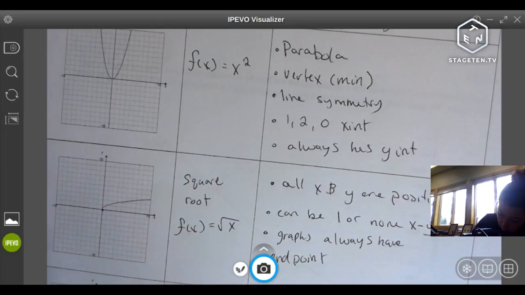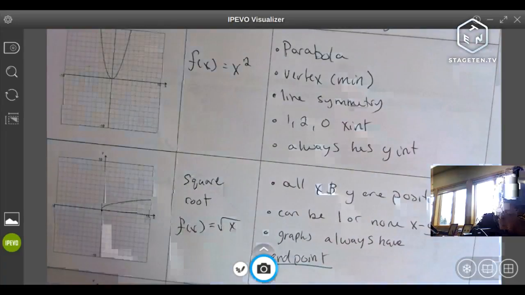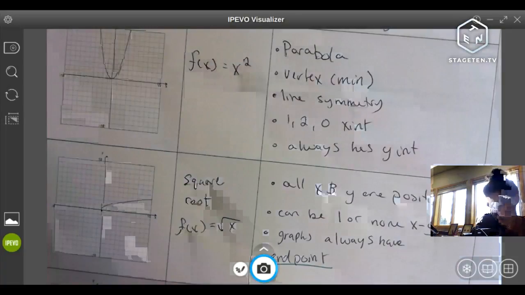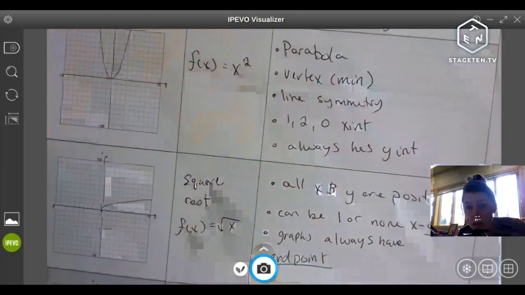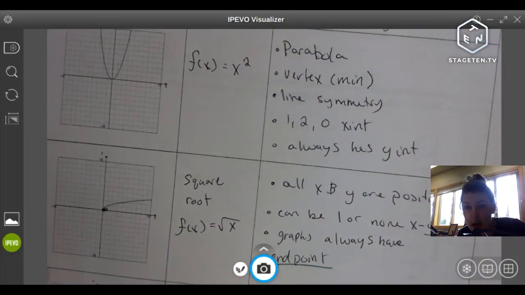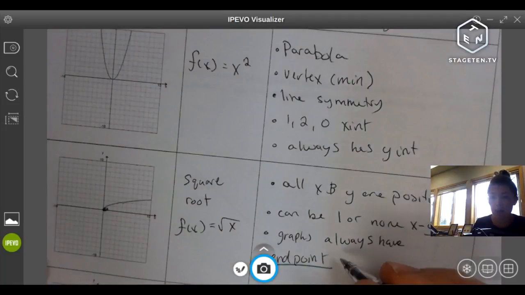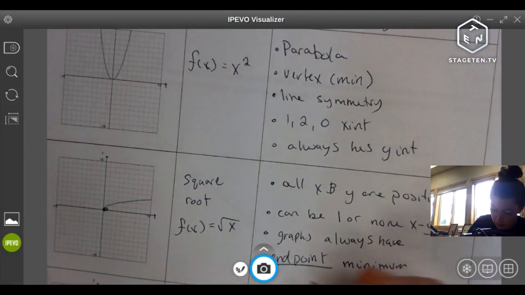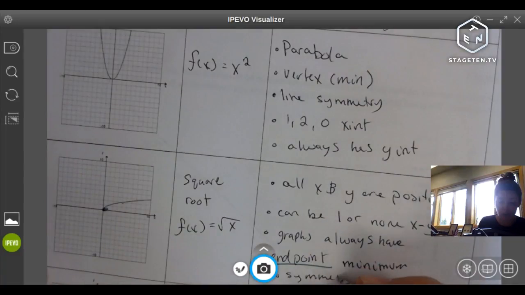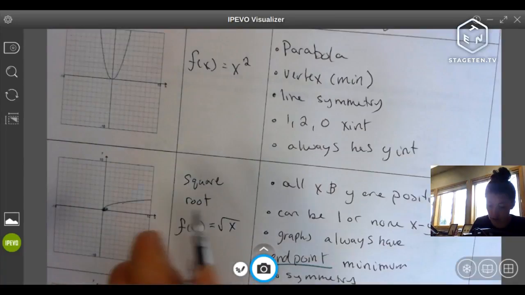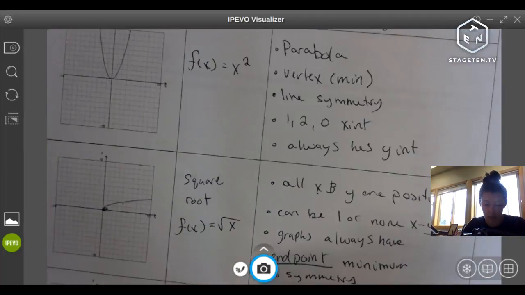In this case, it's a minimum. Make that green. Endpoint, endpoint. And in this case, it's a minimum, but could be a maximum. Minimum. There we go.